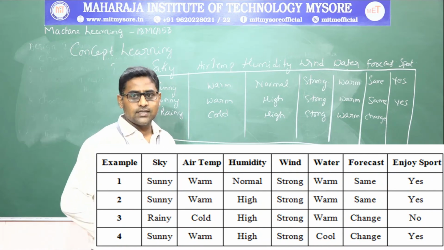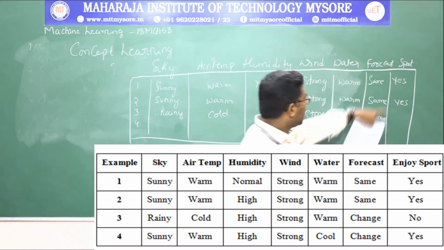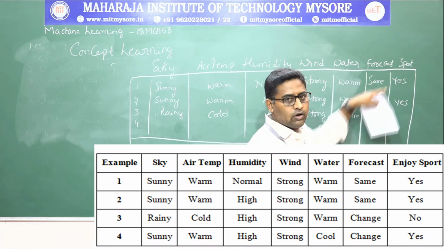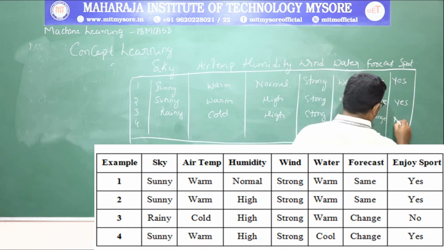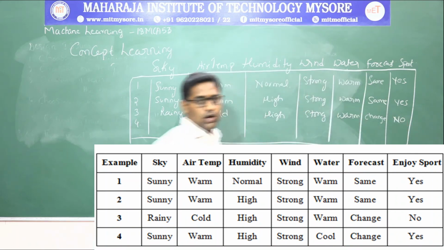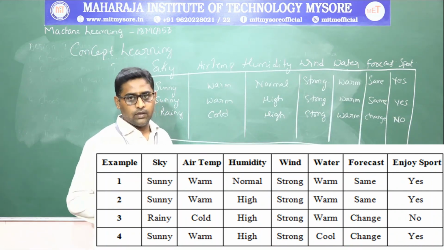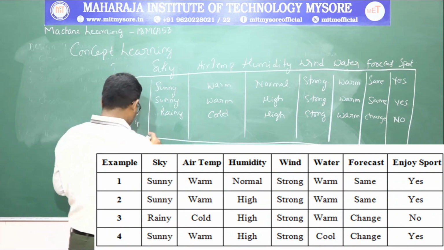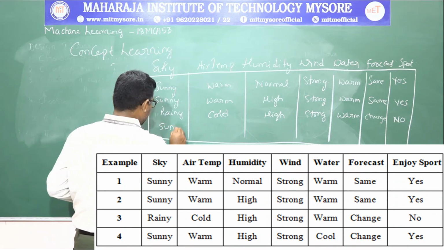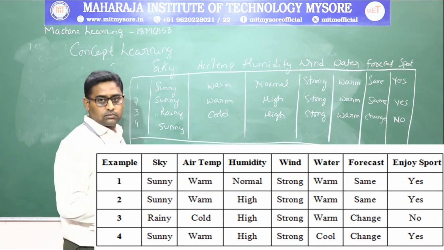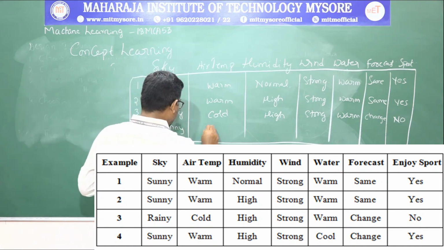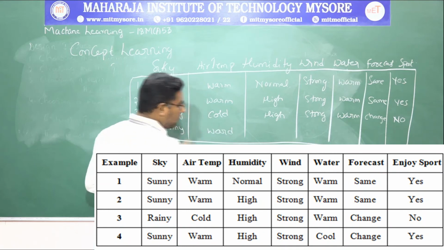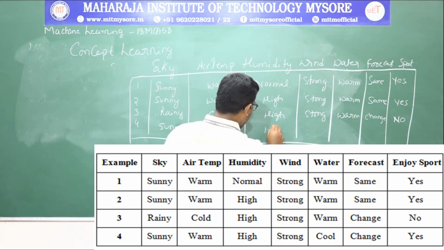So when the forecast has changed, then obviously we will think about whether you will be going for swimming or not. Then you will say, no, I will not go for swimming today. Next you will go for another condition or training example. Say sky is sunny, air temperature is warm instead of cold and humidity is again high.